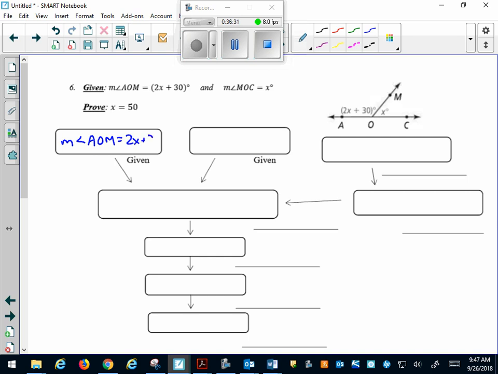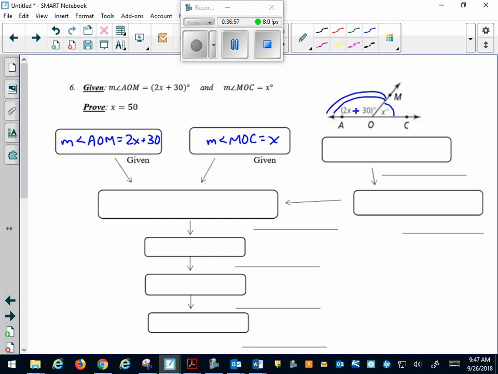Good. And what's going to go here? Yep. Each given gets its own box. Now, we want to make sure we label the diagram, but they actually did that for us here. 2x plus 30 goes in this angle, and x goes in the other angle.